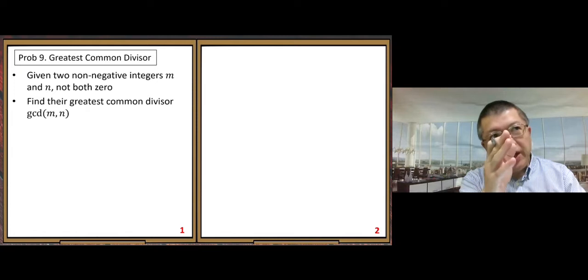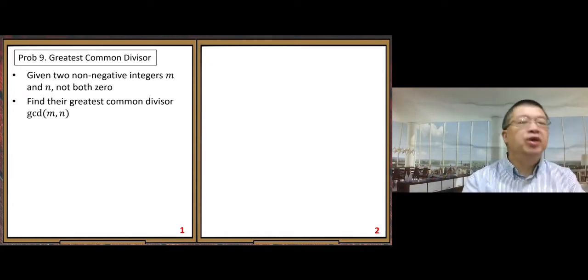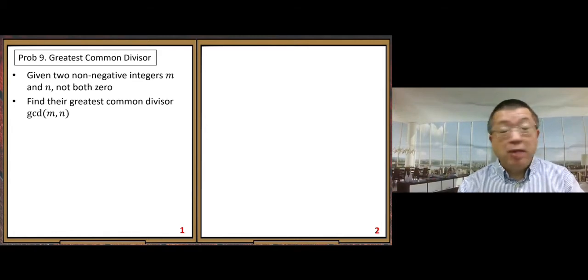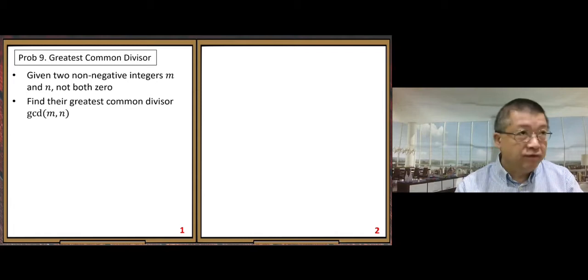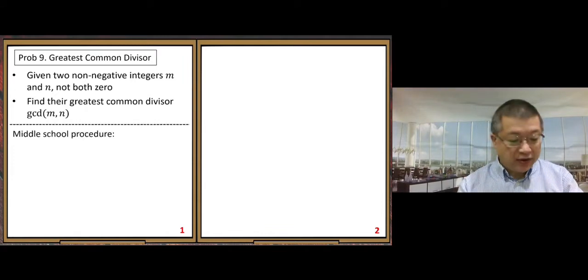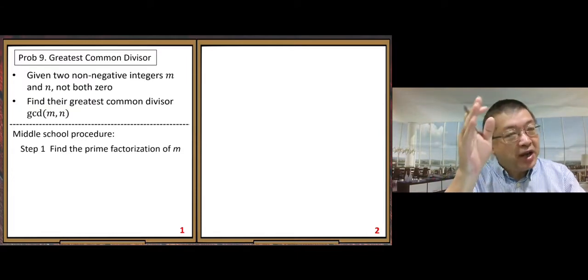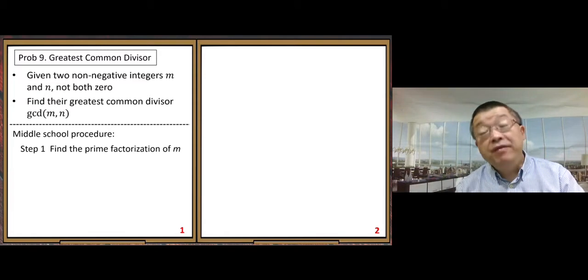Before we apply the recursive algorithm on it, we'd like to recall our middle school procedure. That's not based on the recursive algorithm. It is based on a different method. So let's look at that procedure first. Step 1, find the prime factorization of m. Prime factorization.